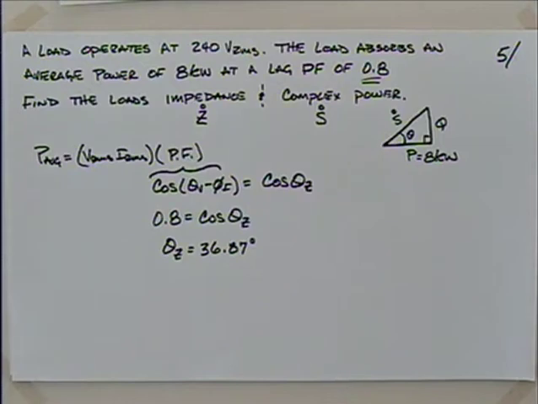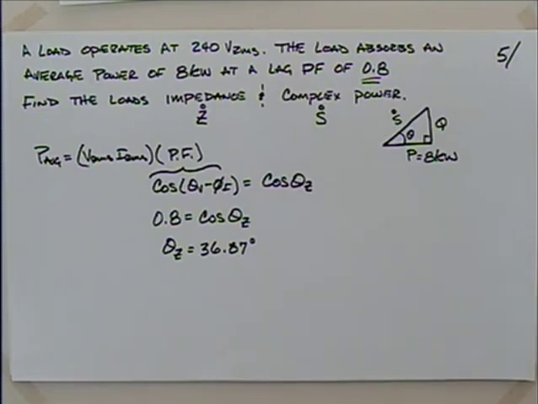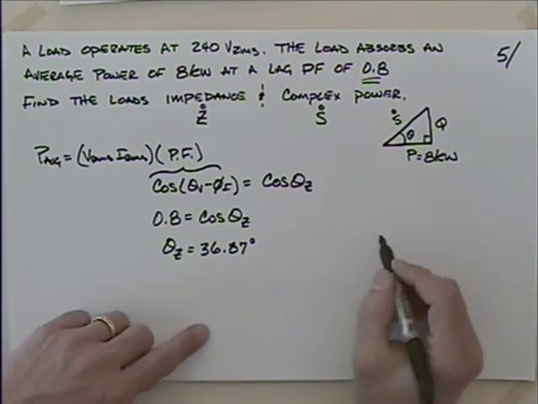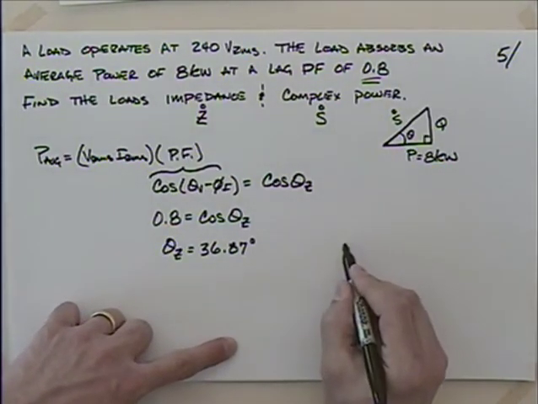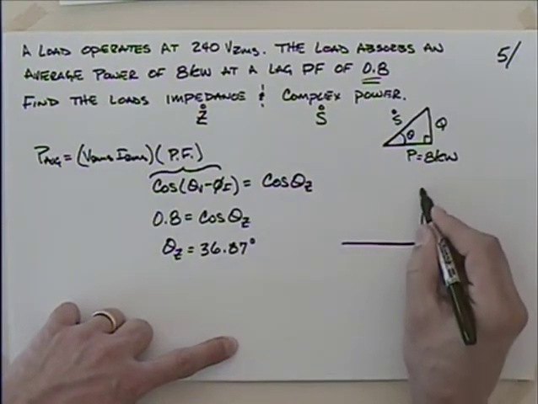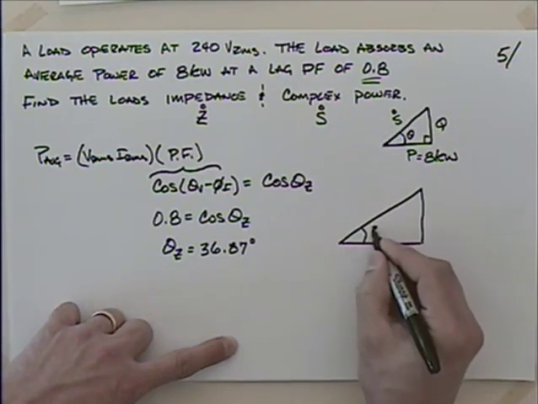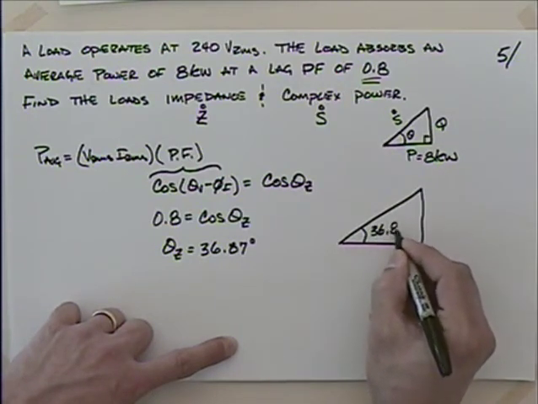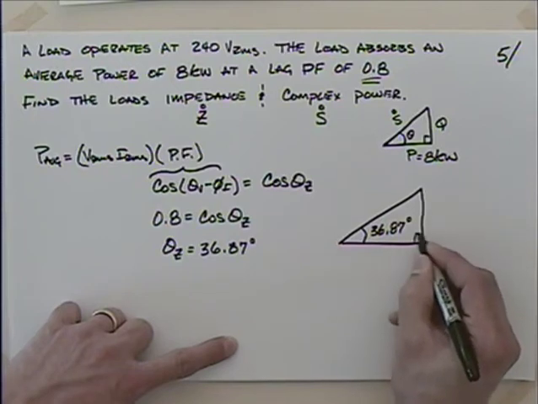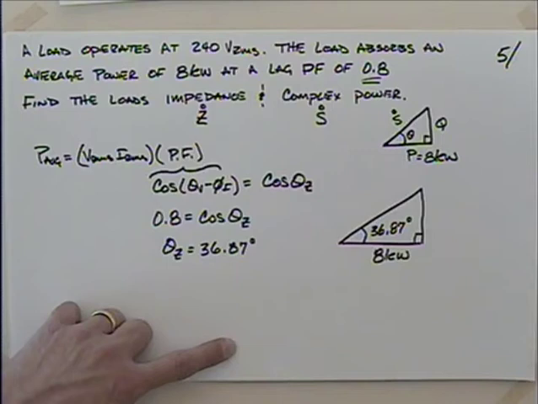Take the arc cosine of 0.8 and I get theta z. Okay. So now I've turned some fairly confusing verbiage into hopefully a fairly easy geometry and trigonometry problem. 36.87 degrees. That's a right angle. And I have 8 kilowatts there.